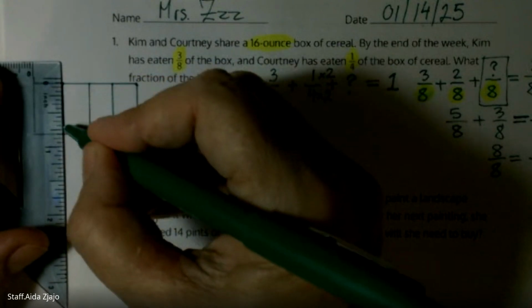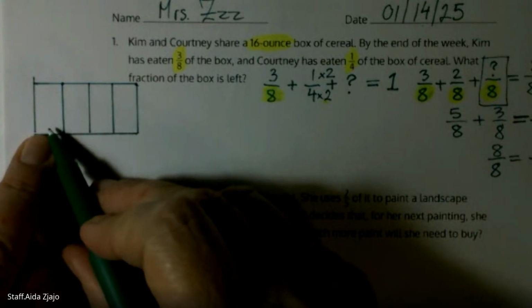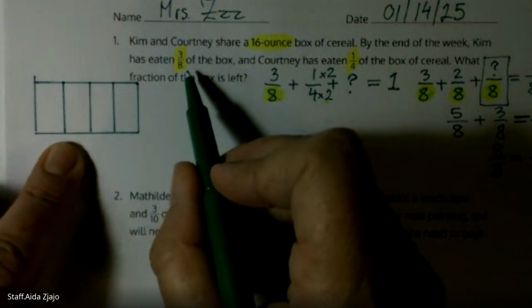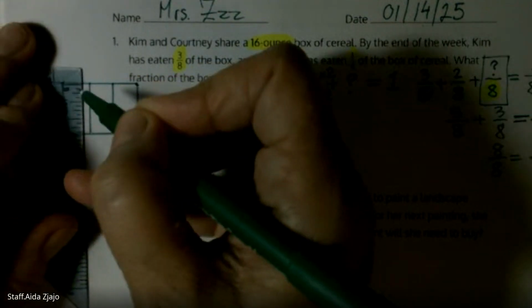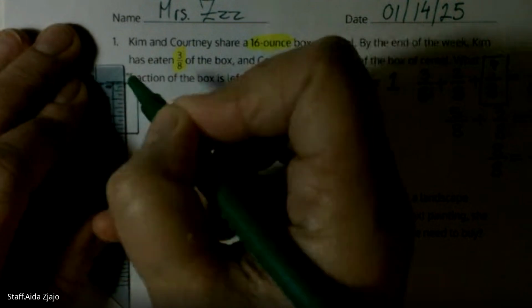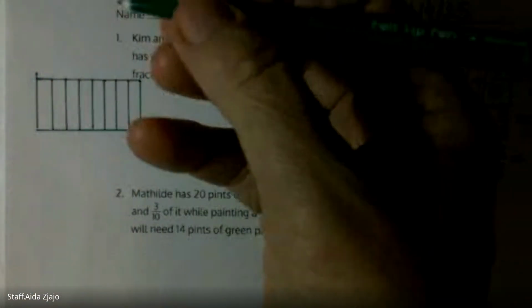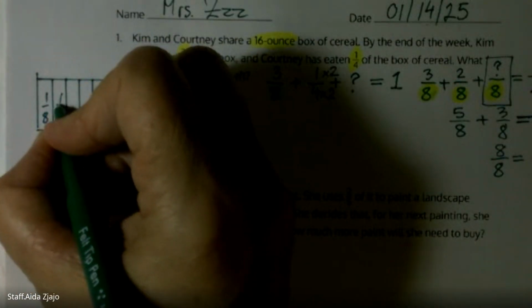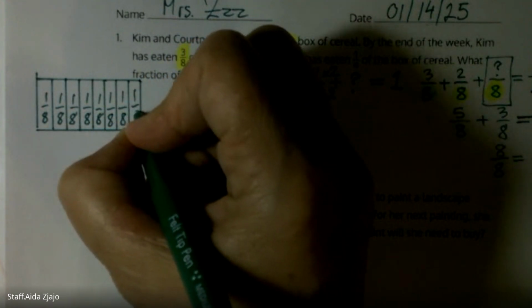Now I have fourths. We needed to create all parts to be eighths, so each fourth I will cut into two, and each fourth will make me 2/8. So now each of these is 1/8. So the whole box is divided into 8 parts.